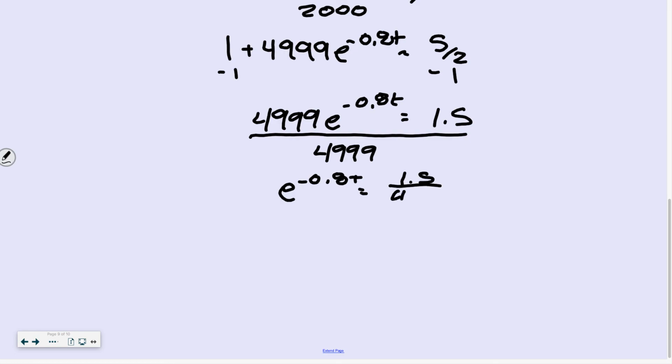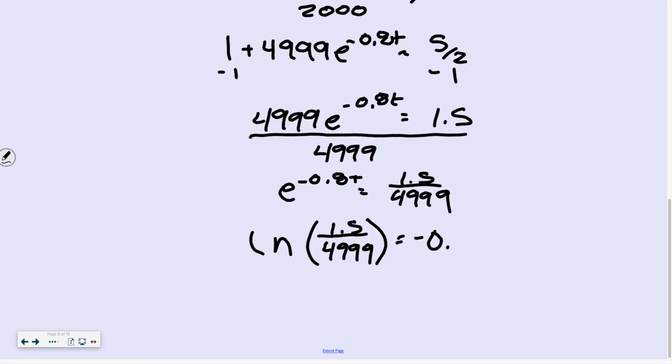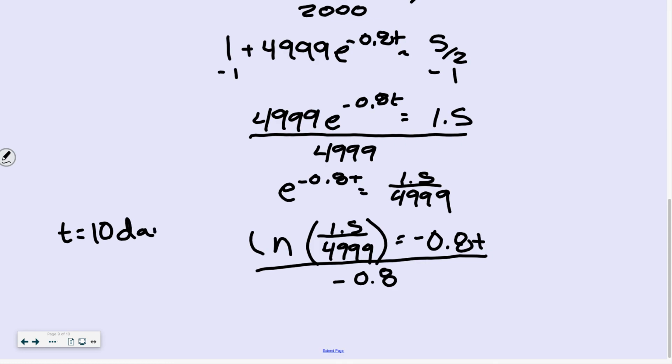And I'm not going to do that. You'll write it out like this. But now I've isolated the base and the exponent, so I can rewrite it as a natural log. So that'll be natural log of whatever 1.5 divided by 4,999 is equals negative 0.08t, divided by negative 0.08. And I think on this one we should get 10 days, approximately.